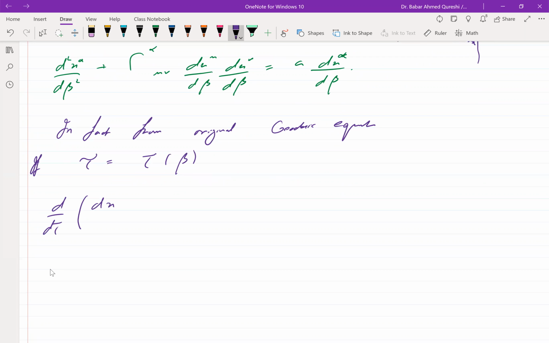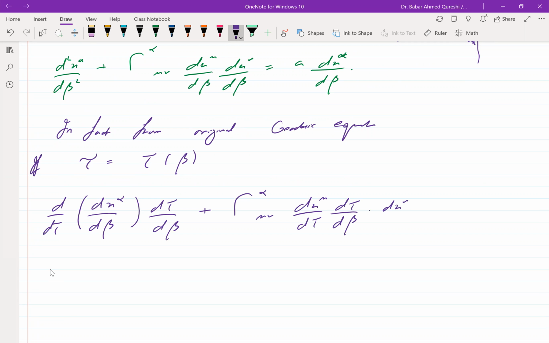If I change this parameterization, this is just the chain rule.